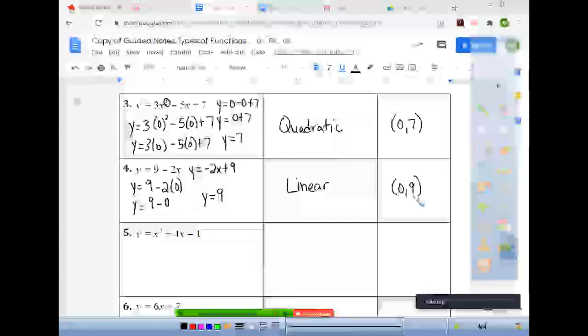Hey, what does number 5 look like? It's got a highest exponent of 2. Quadratic. Quadratic function. And I'm going to plug in 0 for my x's, and I'm going to simplify it.